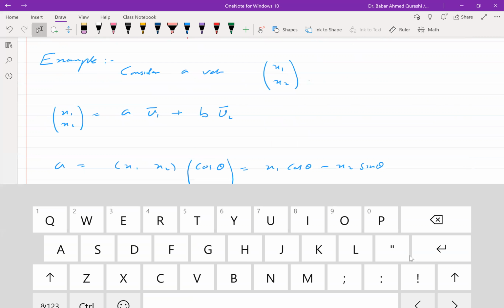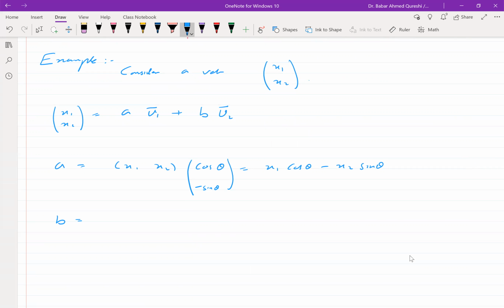And b is going to be again the scalar product with the other basis vector. So it gives me x1 sine theta plus x2 cosine theta.